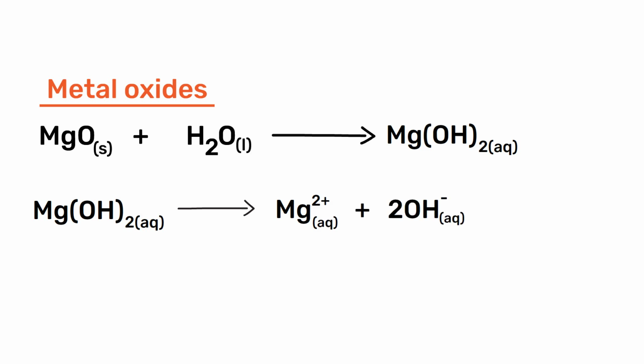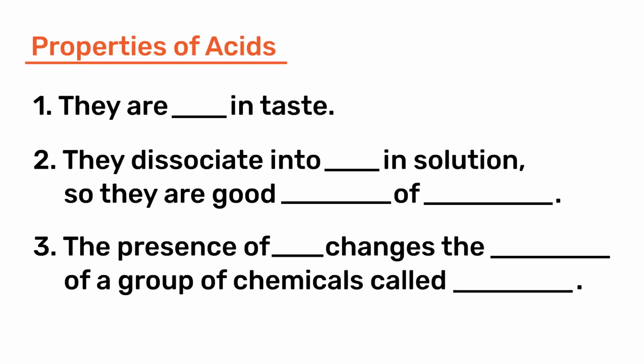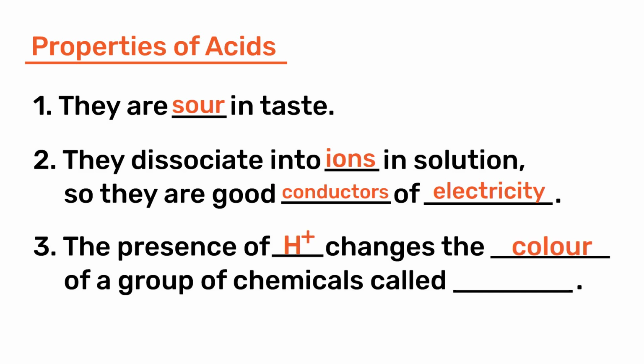Let us look at properties of acids and bases. The general property of acids is that they are sour in taste. They dissociate into ions in solution, so they are good conductors of electricity. The presence of protons changes the color of a group of chemicals called indicators.